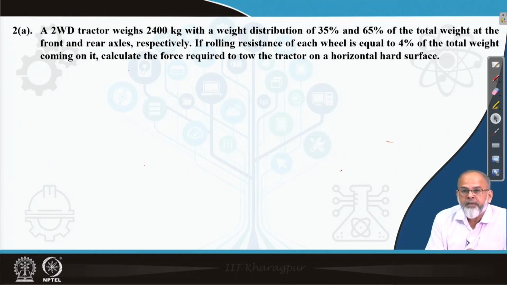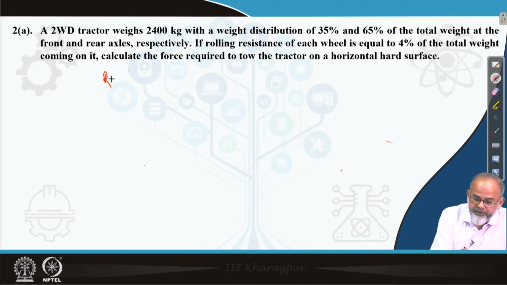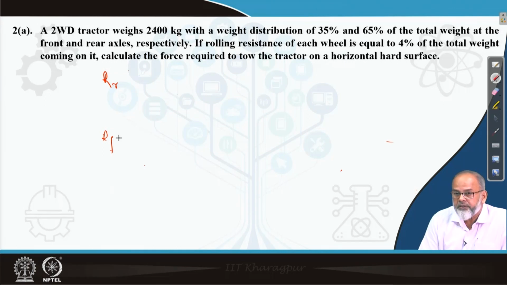In a tractor there are 4 wheels, so each one will contribute some rolling resistance. Assuming the 2 rear wheels and the 2 front wheels contribute equal rolling resistance, first you calculate the rolling resistance for the rear wheel, then for the front wheel, and then sum these.